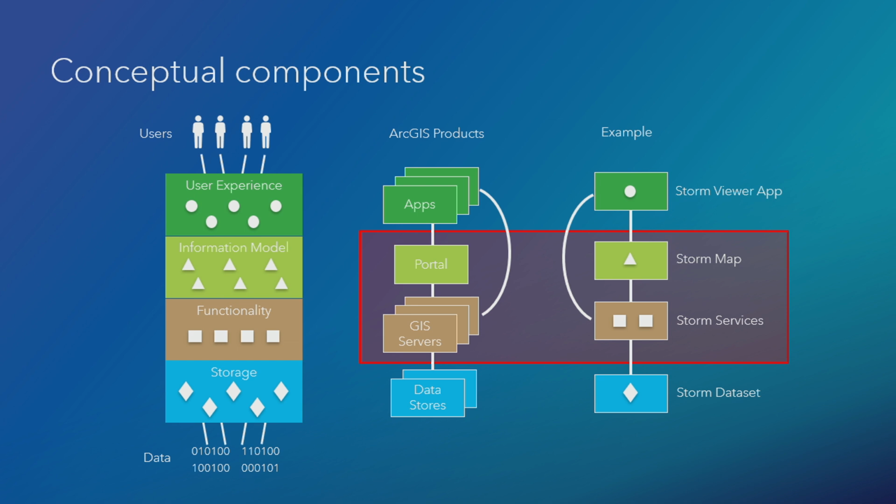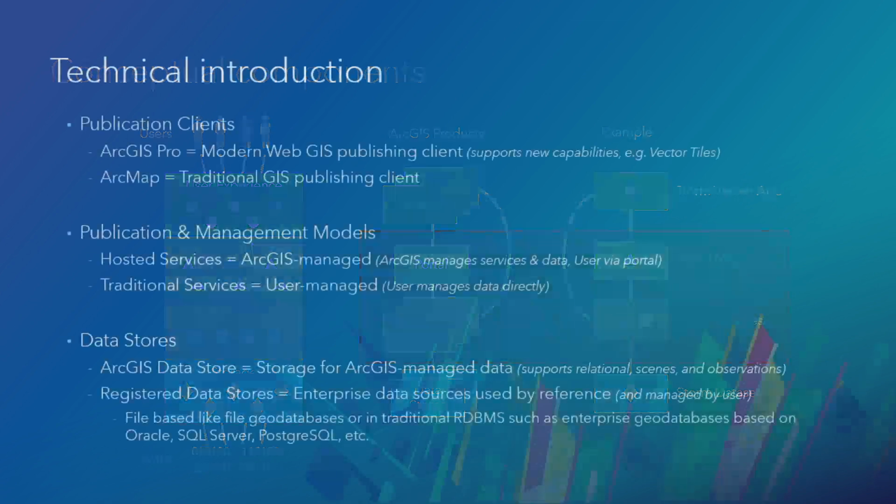We're going to be talking about the services at that GIS server tier, map services, feature services, vector tile services, all those different types of things, as well as the layers that go on top of them from within the portal, the map image layers, the feature layers, where you can do a lot of configuration as well. So that's where we will focus the meat of this session for the rest of our 50 minutes together.